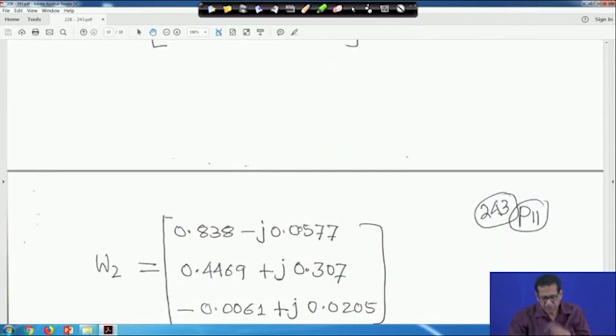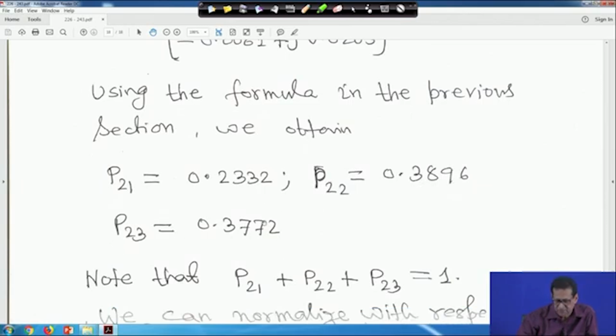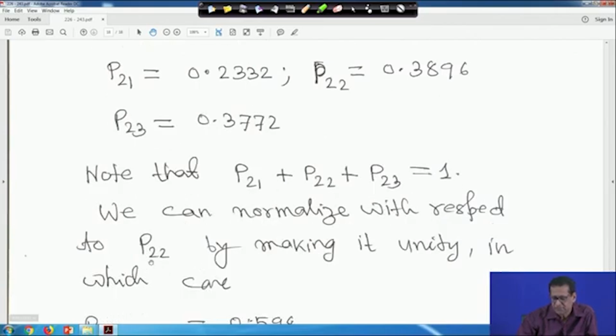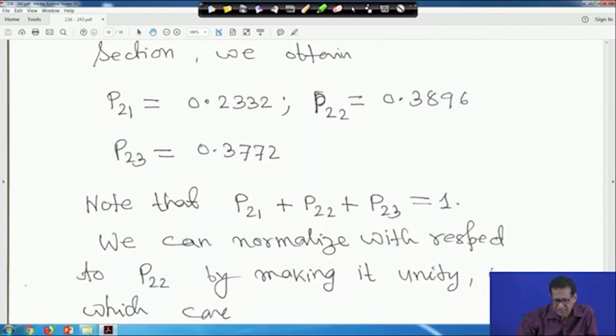If you follow equation 52, you will get P21 as 0.2332, P22 as 0.3869 and P23 as 0.3772. Note that because it is normalized, P21 plus P22 plus P23 is equal to 1. We can also normalize with respect to P22, making it unity, since the highest is P22, 0.3896.